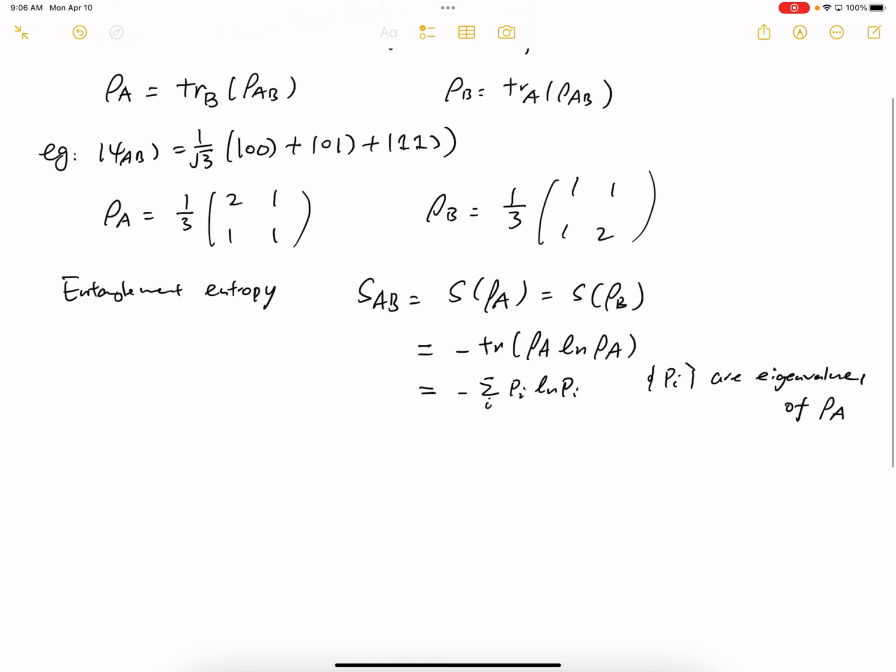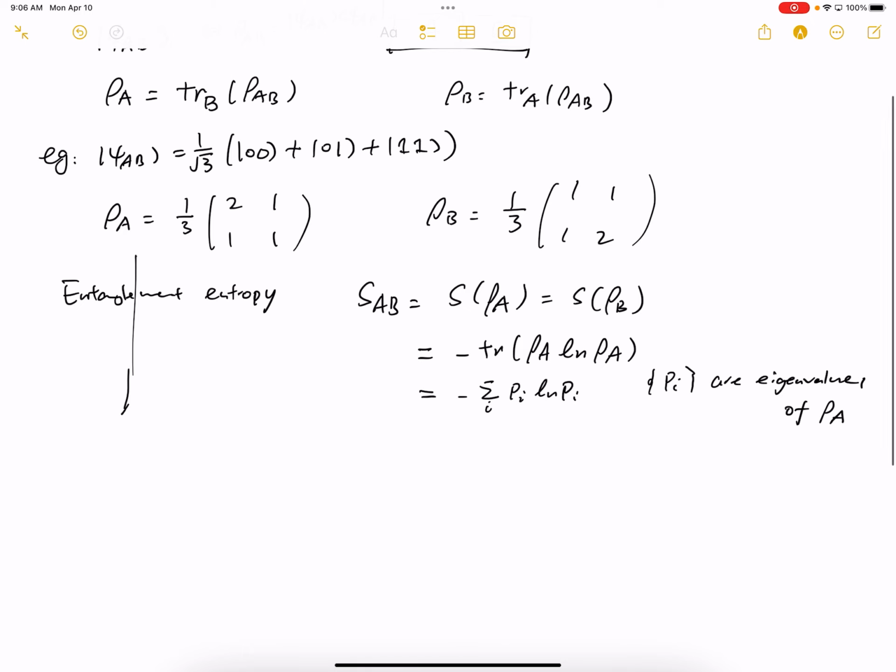For this particular exercise, we can calculate this explicitly. We first calculate the eigenvalues of rho A. We find two eigenvalues: p1 is equal to 1/2 plus square root of 5 over 6, and p2 is equal to 1/2 minus square root of 5 over 6. These two eigenvalues should always add up to 1 because the trace of the density matrix is always 1, so the sum of its eigenvalues should always be 1.